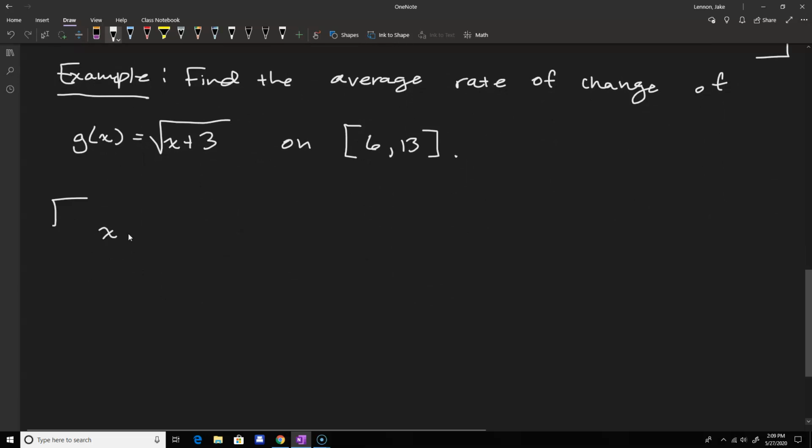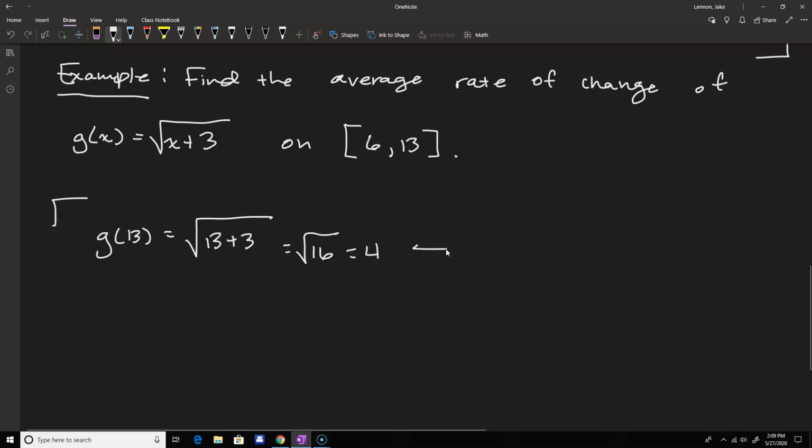So first thing we want to do is find g of 13 and then find g of 6. So g of 13 is the square root of 13 plus 3, which is the square root of 16, which is 4.